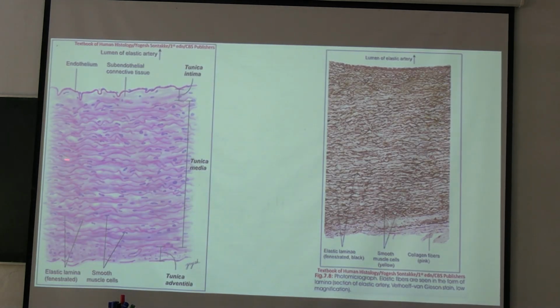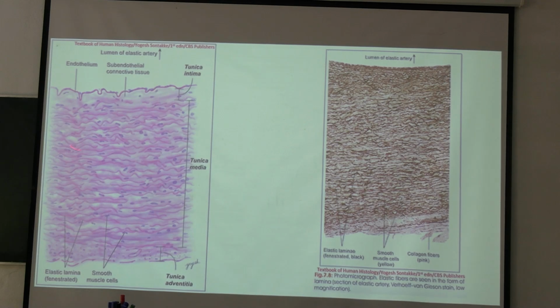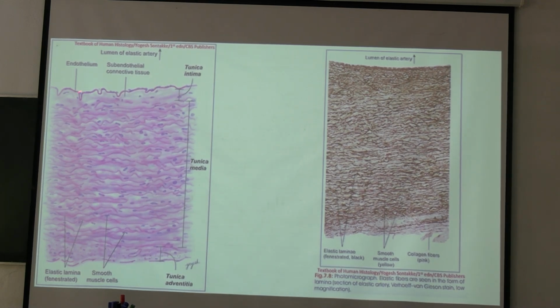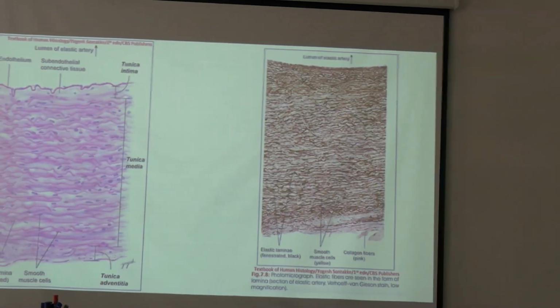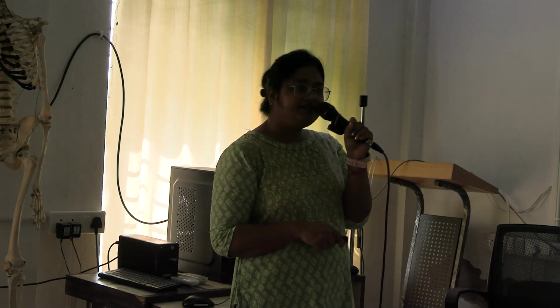Okay, see here. This is a section of a blood vessel. This is the endothelium. Endothelium lining you have read in epithelium. It is simple squamous type of epithelium. Okay, and the wall consists of 3 layers actually: tunica intima, tunica media, and tunica adventitia.